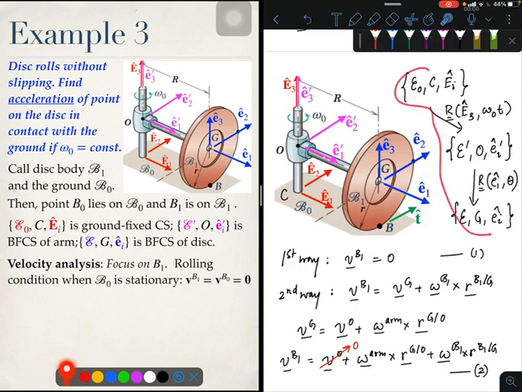So this flow chart can help identify that omega arm must be associated with this rotation, and therefore it is simply omega 0 along E3.